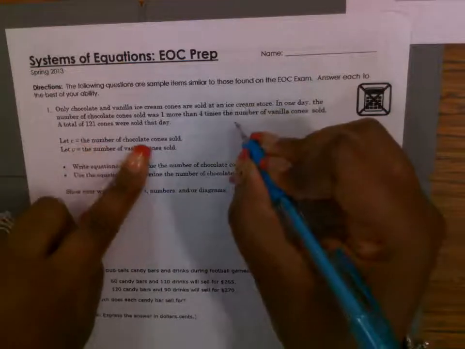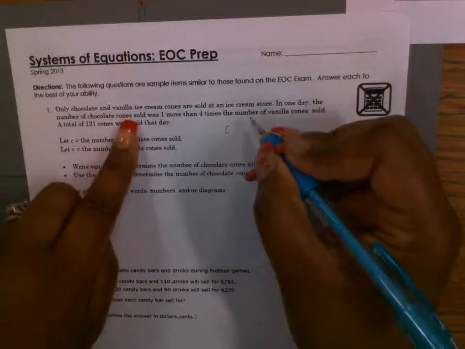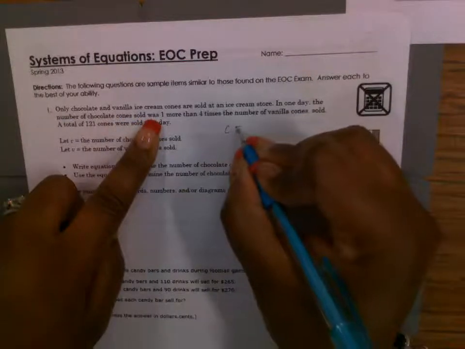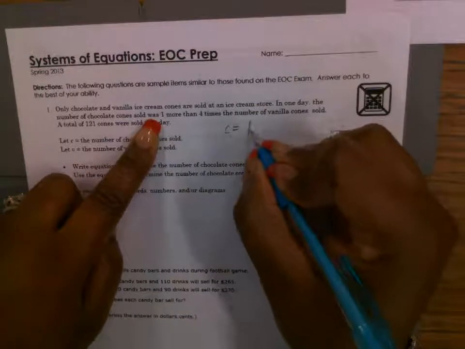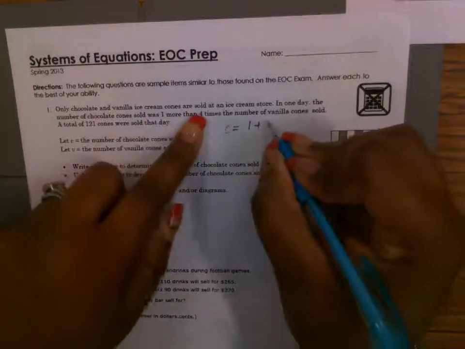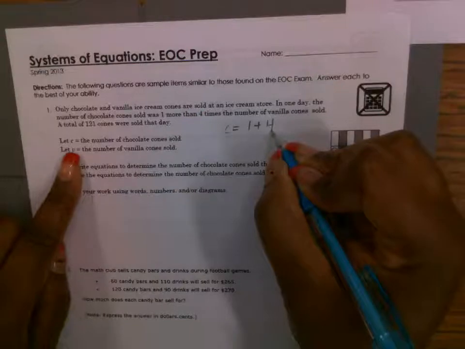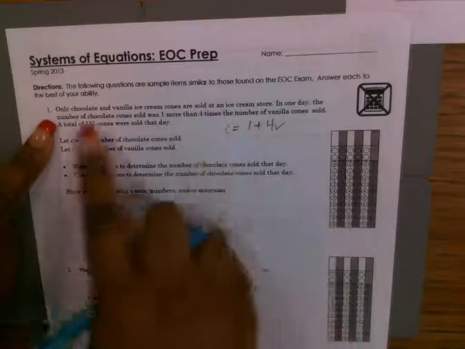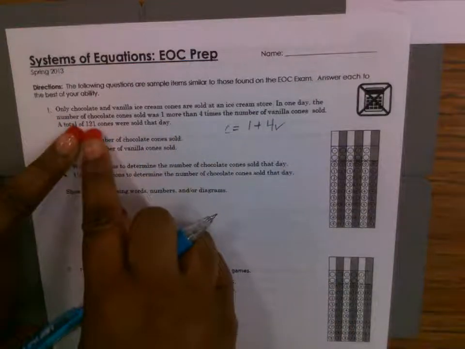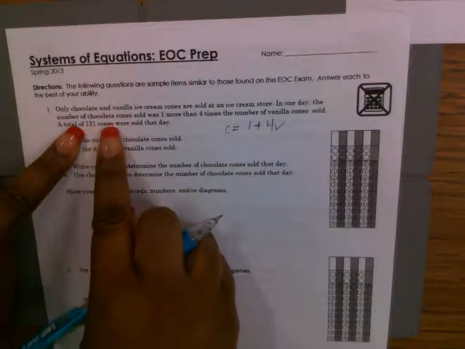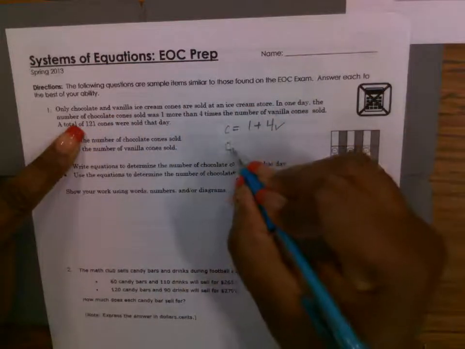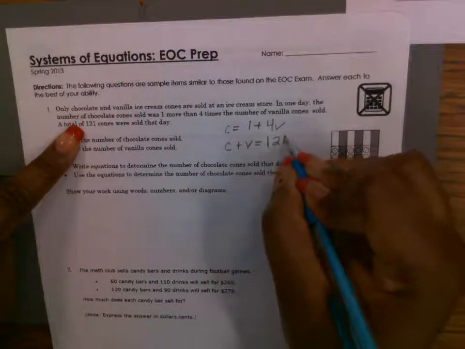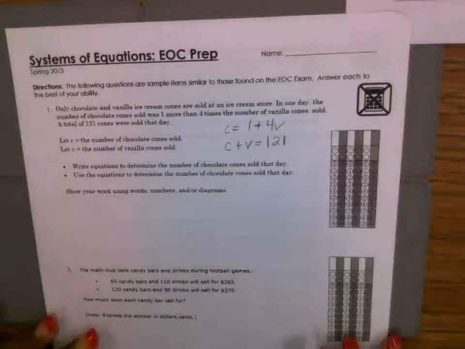Chocolate is C, so I'm going to put C equals 1 plus 4 times V, which is vanilla, okay? So that's this first part. A total of 121 cones were sold. So chocolate cones plus vanilla cones add up to be 121 total cones sold for that day.